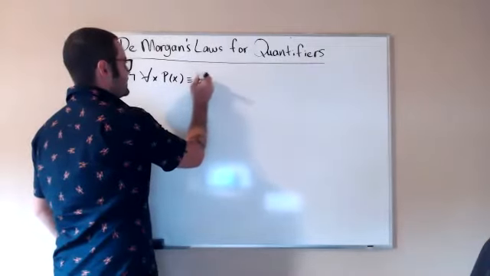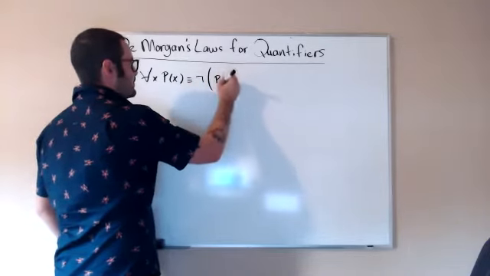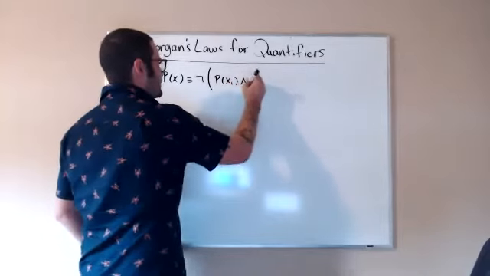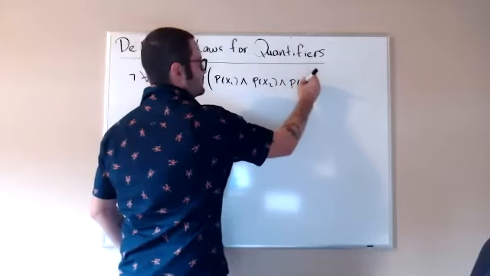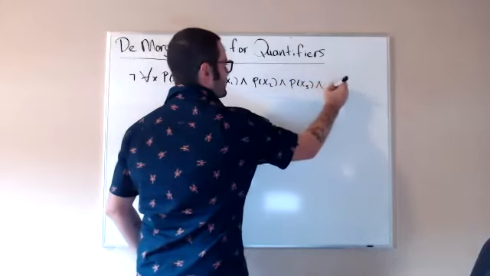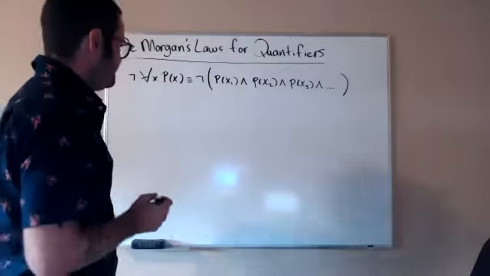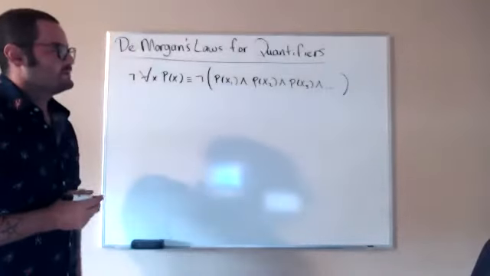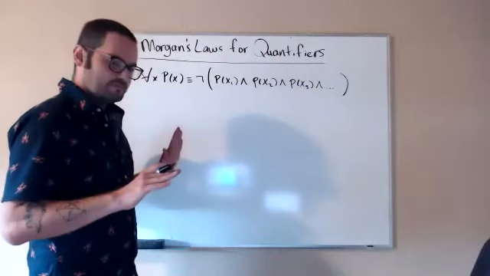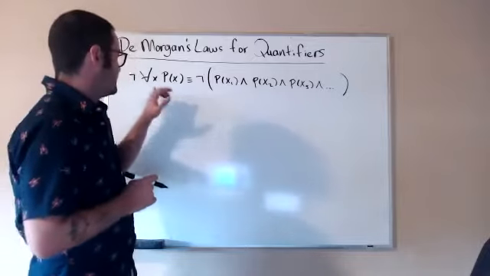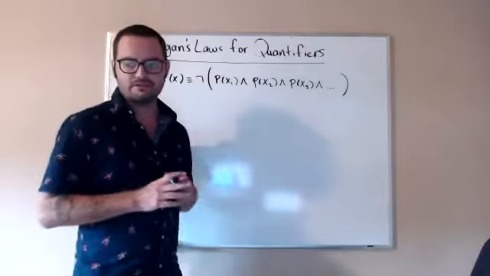So this is really like saying the negation of P of x1 and P of x2 and P of x3 and so forth and so on for all x in the domain of P. Now, just so I'm not going to get called out by anyone, I'm simplifying this where I'm just assuming that I can write the elements in the domain in a list.